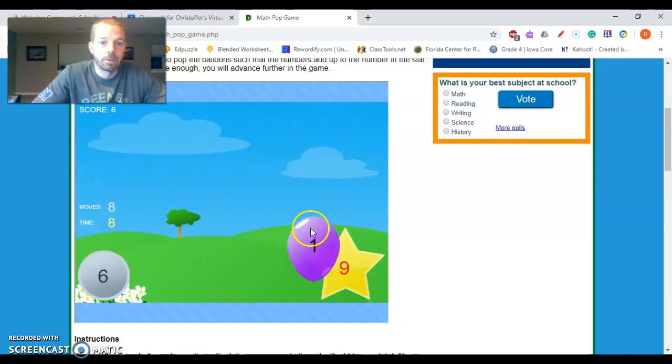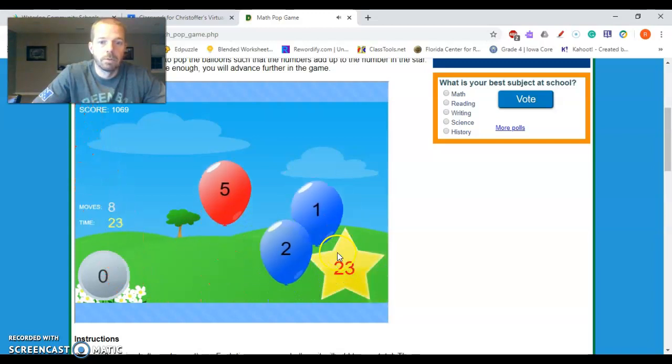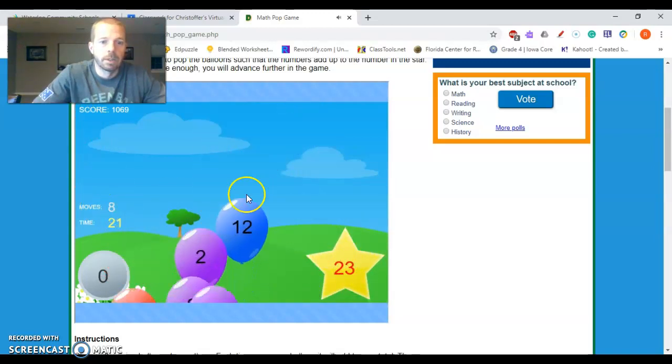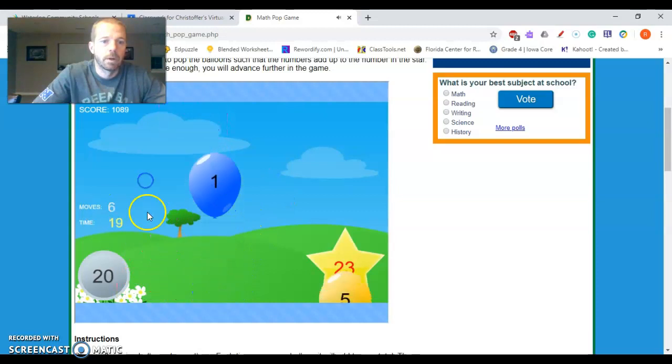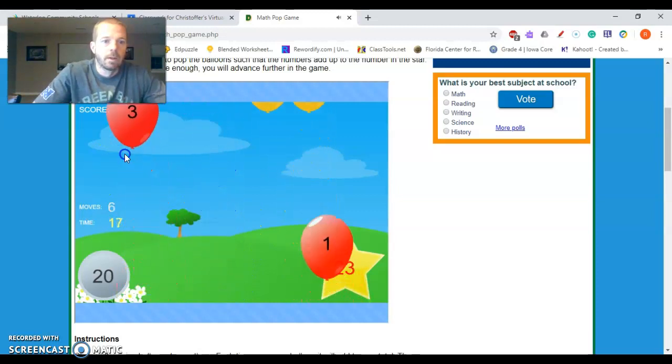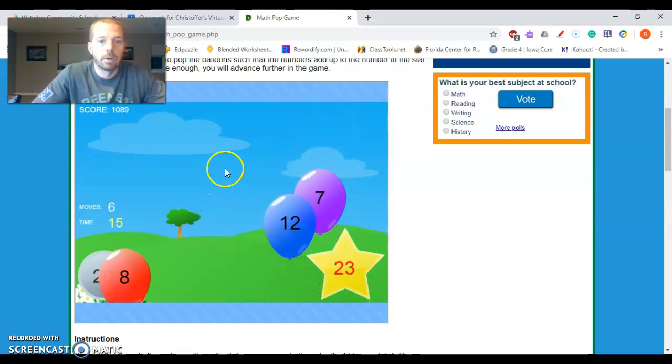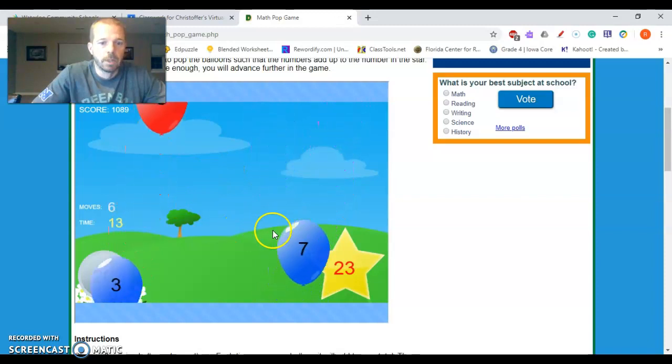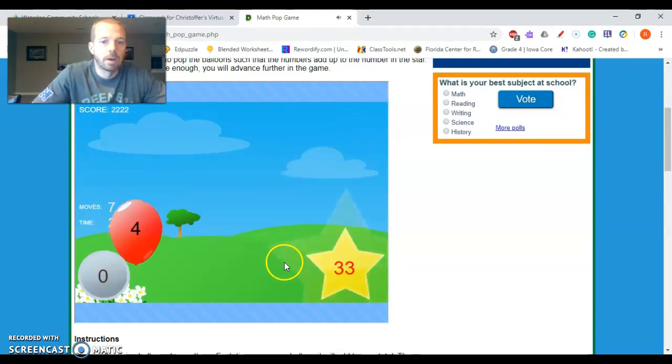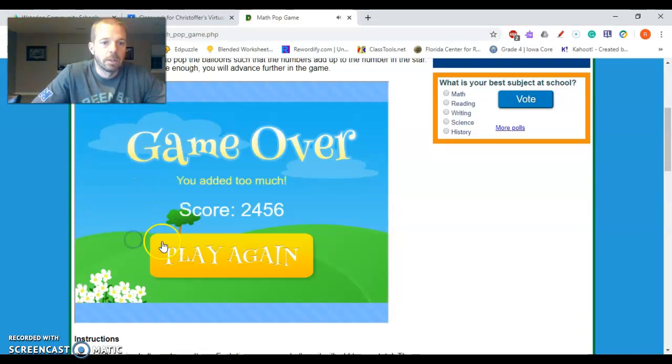I'm kind of waiting for a 3, but I don't see one, so I'm going to do a 2. Now I have a new number. Now my number is 23, and I get 8 moves to make that number. Oh, but I missed the 3. So I have to wait for the 3 to come back, and then it just continues to add numbers. But if you make a mistake, it just ends your game.